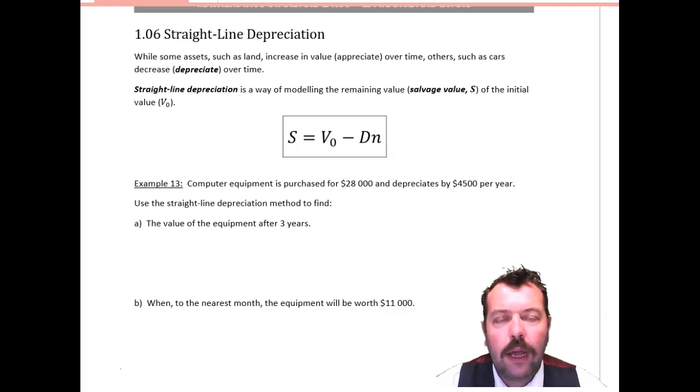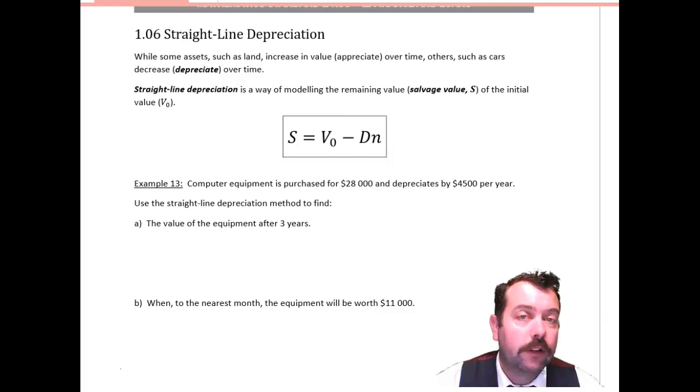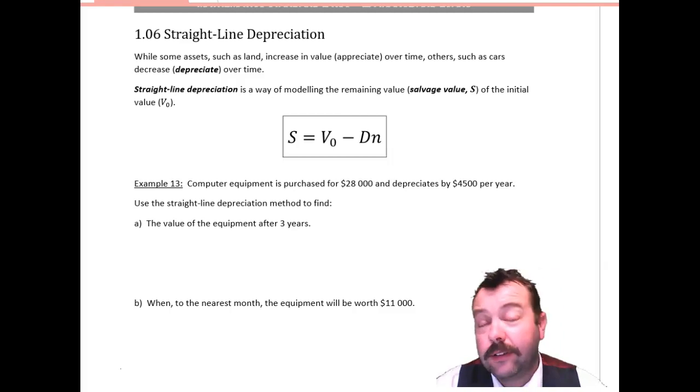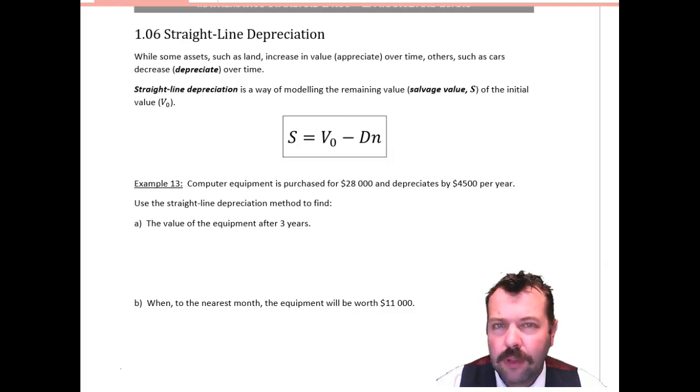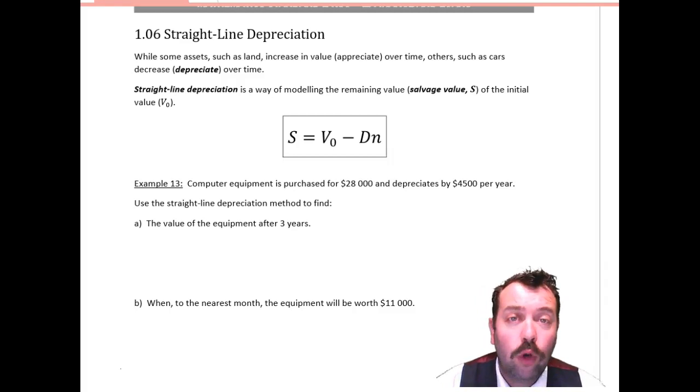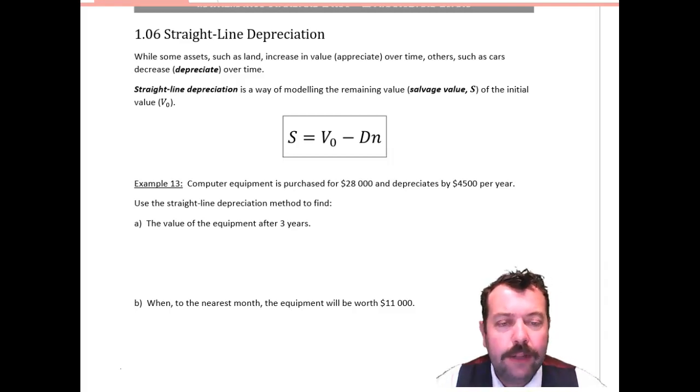First of all, we're going to talk about the salvage value of an asset. That's essentially its future value, what it's worth at some point in the future. How much is my 15-year-old car worth? That's its salvage value. Its initial value is how much I paid for it at the beginning, and that's usually represented with a capital V and a subscript 0.